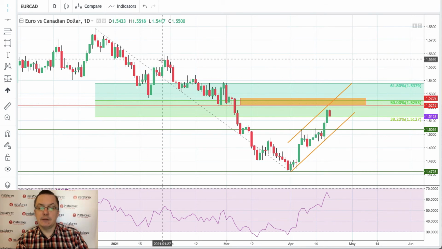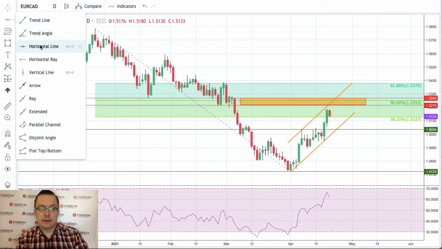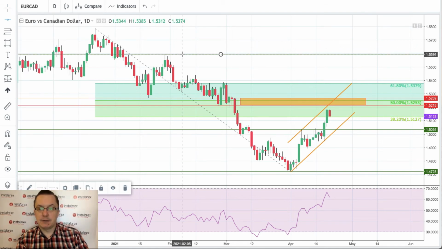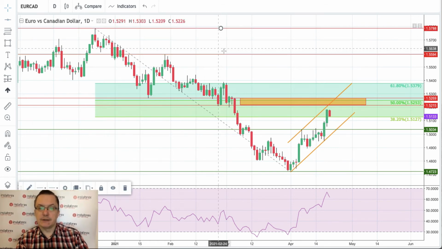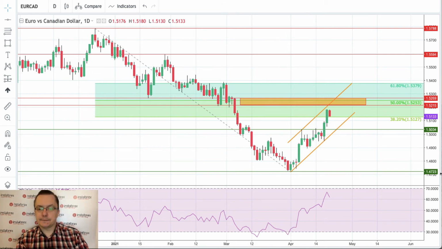This is wave A, wave B, and wave C. So if we break above the 50%, then of course 61%, and then we have other technical resistances here at 1.5594, and of course the highs at 1.5788. So this is the euro to the Canadian dollar.